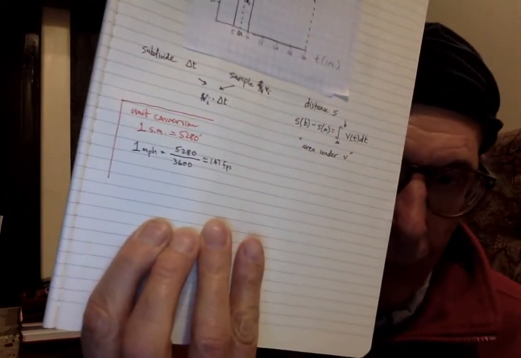So there's the calculation I did. It's the unit conversion. And let me just double check something here. That's not what I can remember. What I can remember is 60 miles per hour is 88 feet per second.